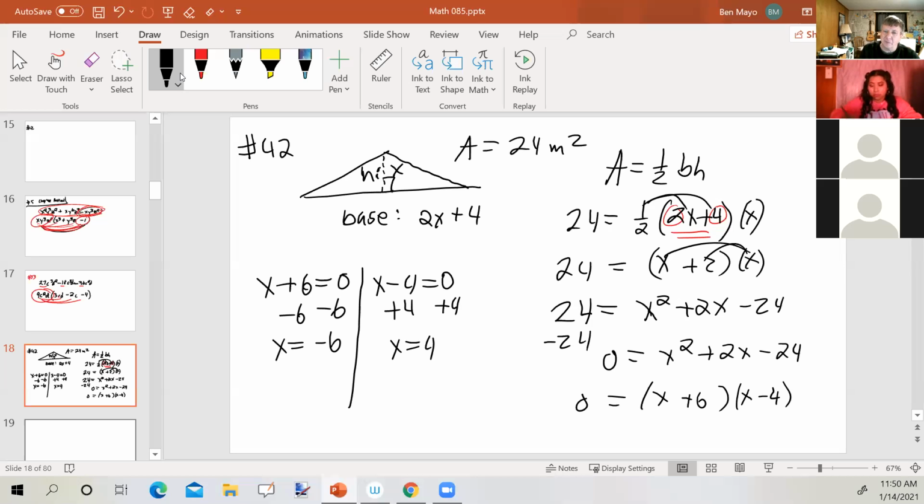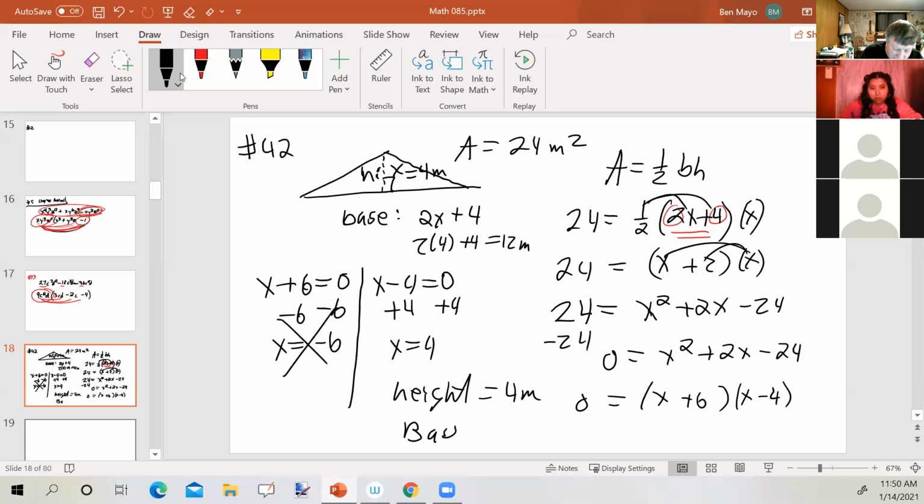And once again, we're dealing with distance or length, so we're going to throw out the negative answer, and x is 4, so the height would be 4 meters. The base is 2x plus 4, so 2 times 4 plus 4, which is 12 meters. So the height is 4 meters, and the base is 12 meters.